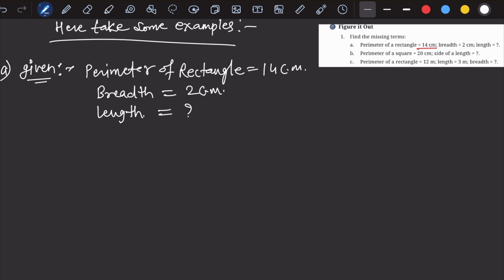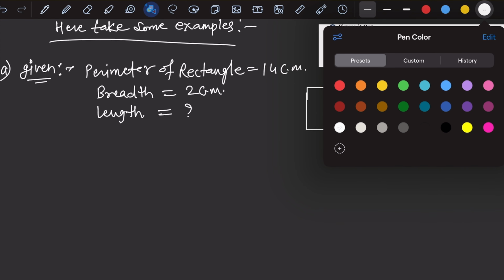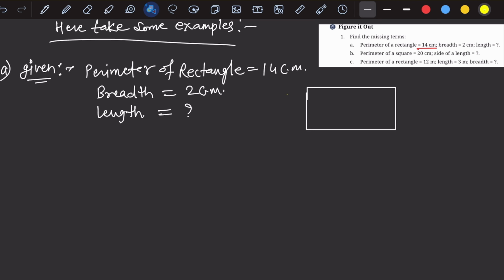We have to calculate. Now we will make one rectangle. Okay, so let's suppose this is our rectangle. Now it is given in the question that we have the perimeter already given, and the length we have to find out.